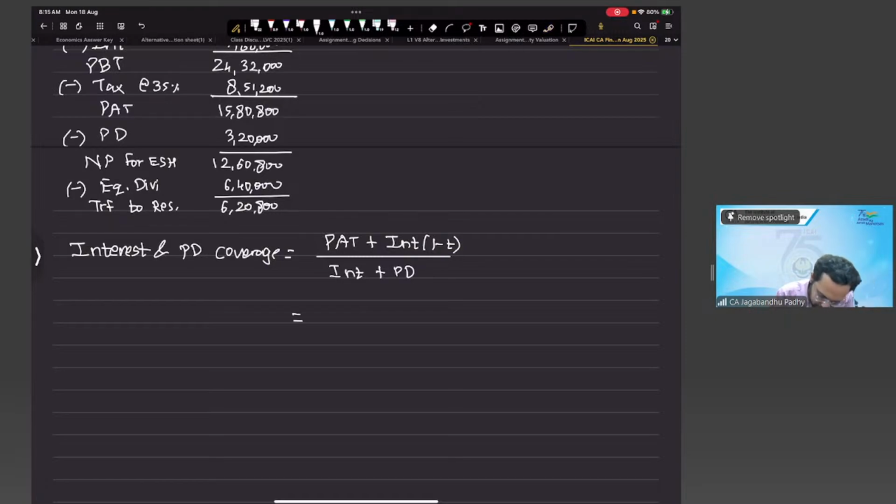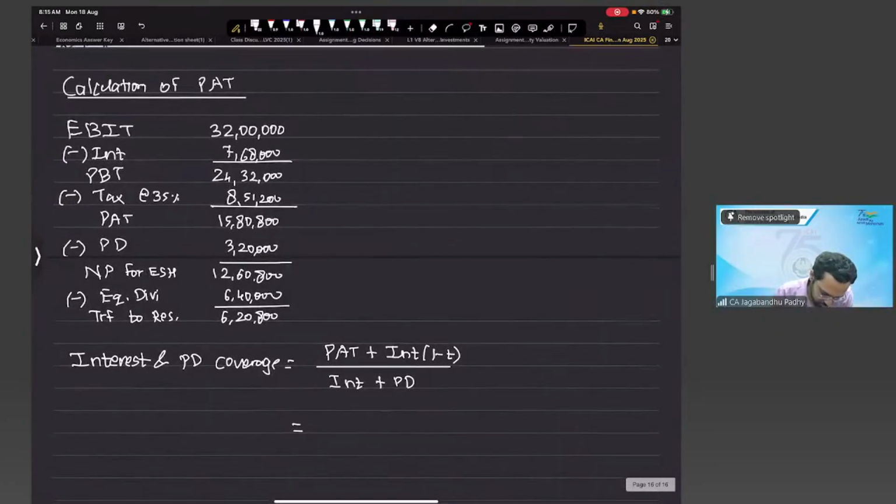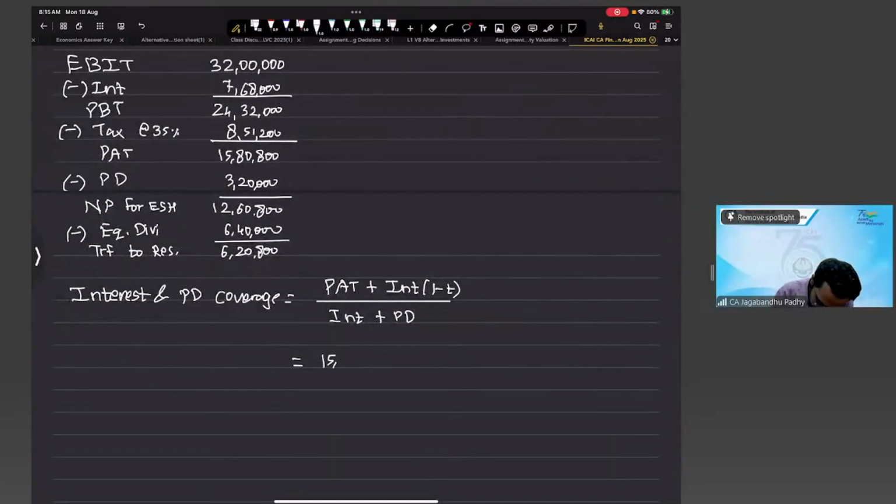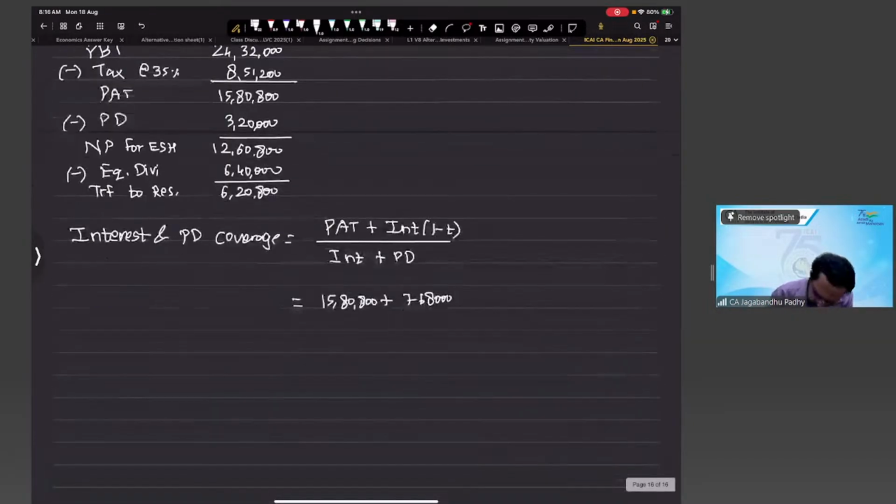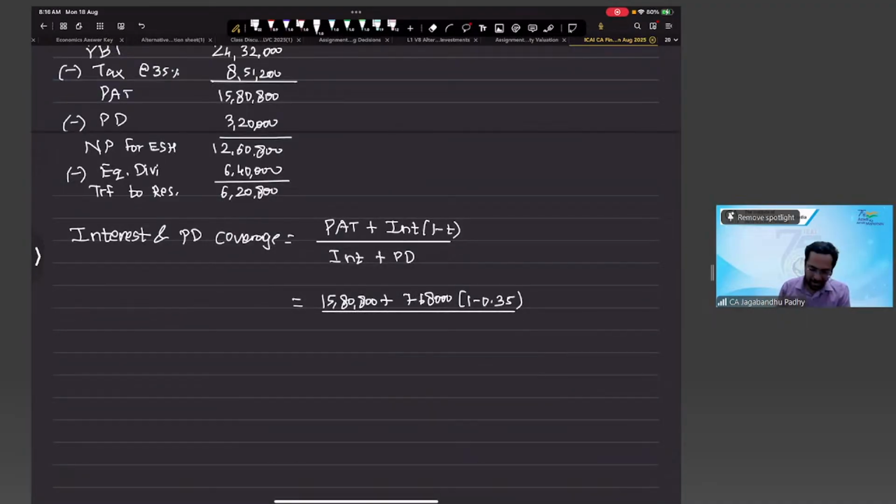So PAT is 15 lakh 80,800, plus you add back the interest, which is 7 lakh 68,000, made post tax, and this is the amount you have to pay interest and preference dividend. So you have to pay interest of 7 lakh 68,000 and a preference dividend of 3 lakh 20,000.